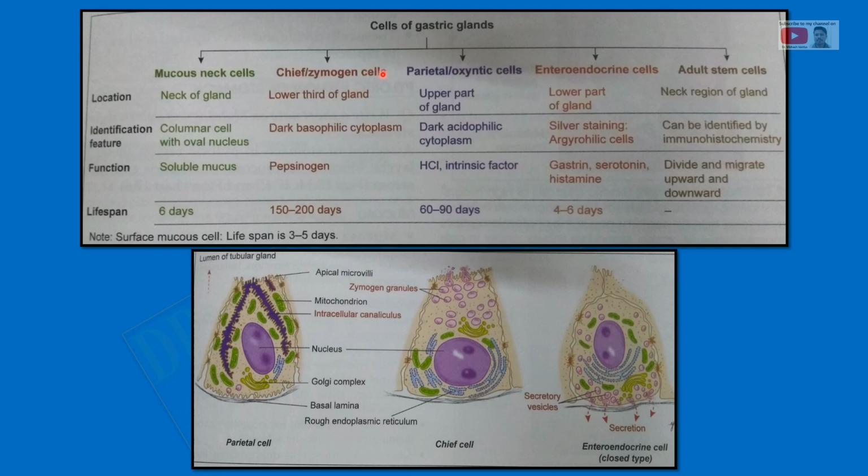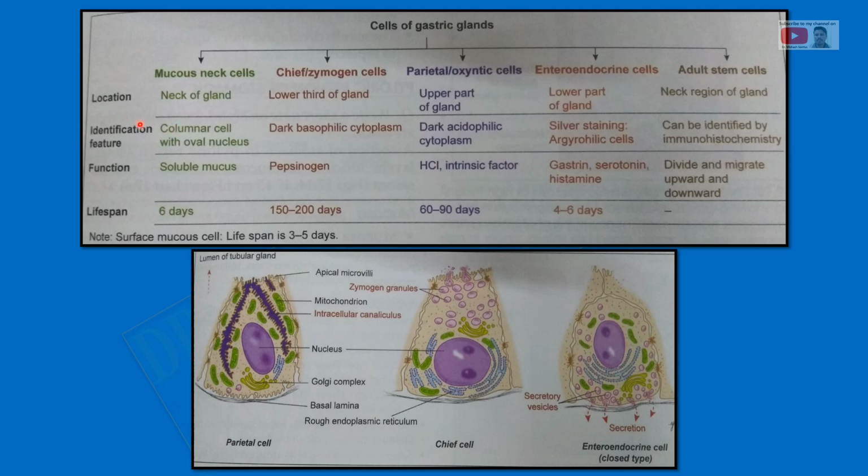The chief or zymogen cells are mainly present in the lower third of the gland, and the parietal or oxyntic cells are present in the upper part of the gland. Endocrine cells are present in the lower part of the gland, and the stem cells are present in the neck region of the gland.